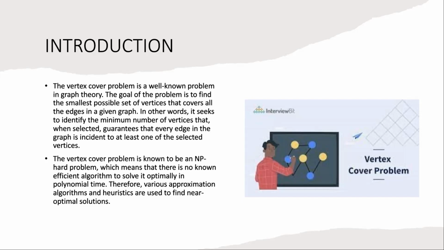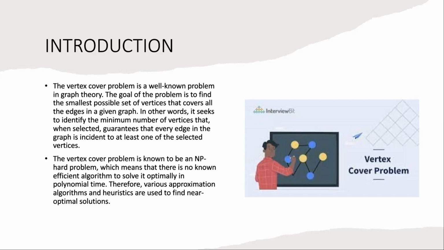This is known as NP-hard, meaning that there is no known polynomial time algorithm that can solve it for all cases. However, several algorithms and heuristics have been developed to approximate the vertex cover problem and find near optimal solutions in practice. Here are a few common approaches: brute force, greedy algorithm, approximation algorithm, and integer linear programming.